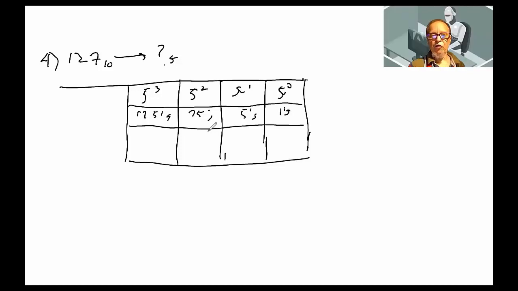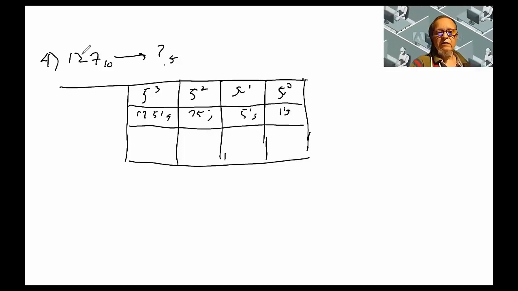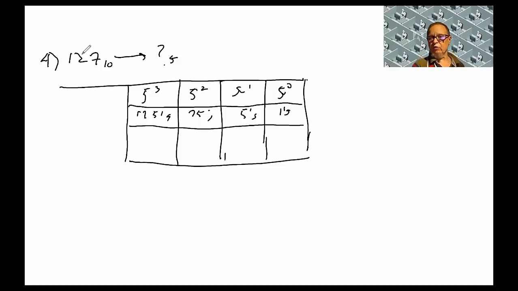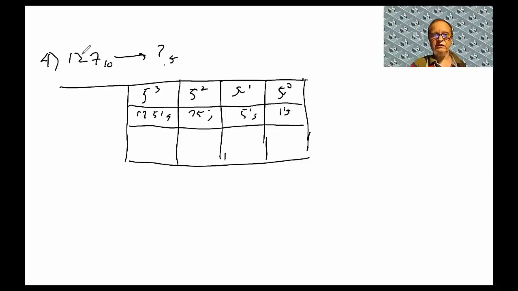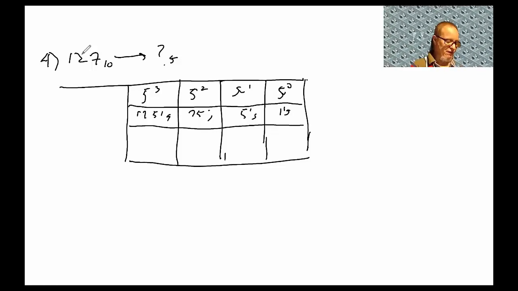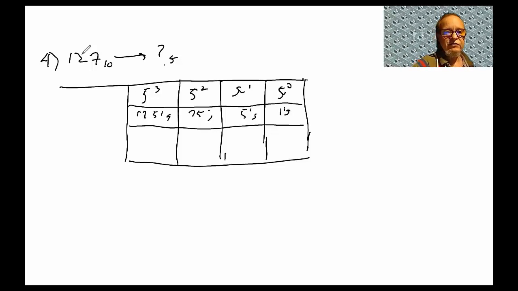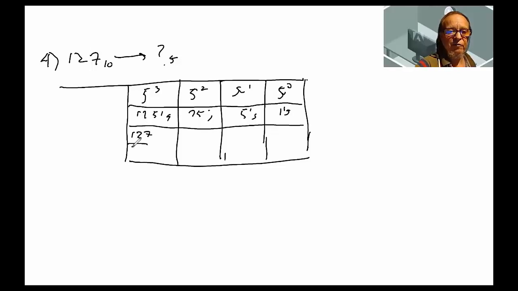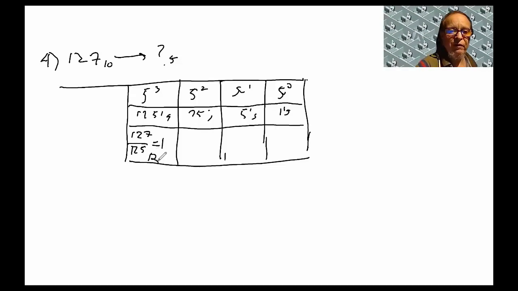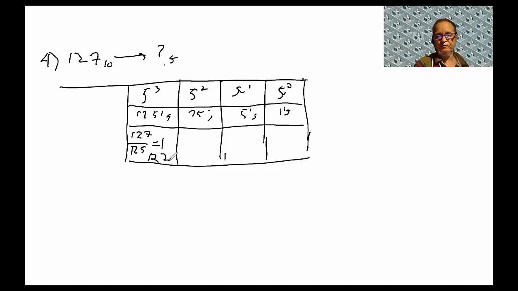And as before, we're going to figure out how many 125s go into 127 without going over 127. And it turns out that there is 1. So we have 127 divided by 125 is equal to 1. And there's a remainder of 2.